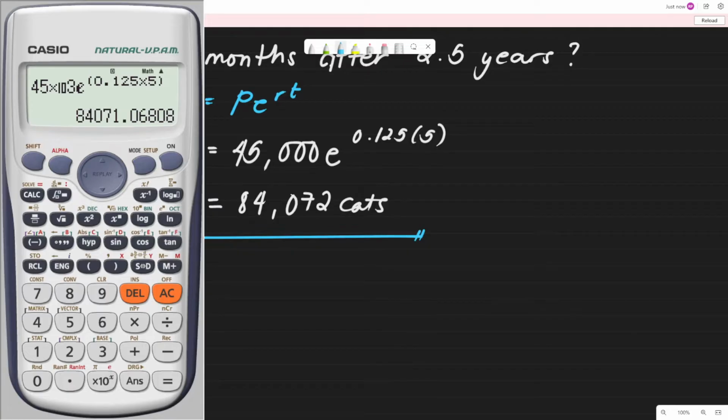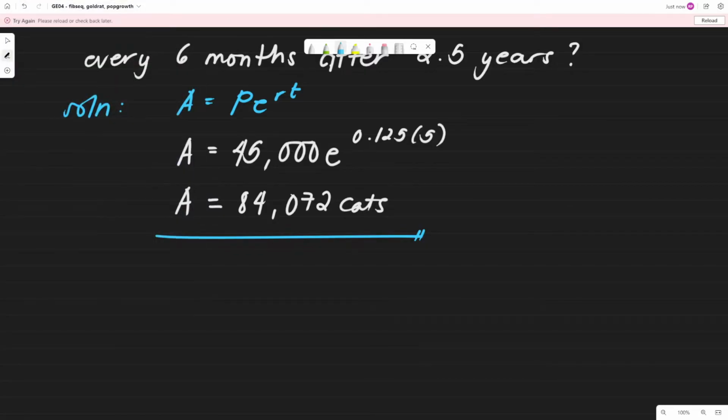So, let me put the calculator down. That's basically how we compute population growth. Again, this is not only applicable for humans and animals but also for bacteria, usually. And also for half-life, the decay of subatomic particles.